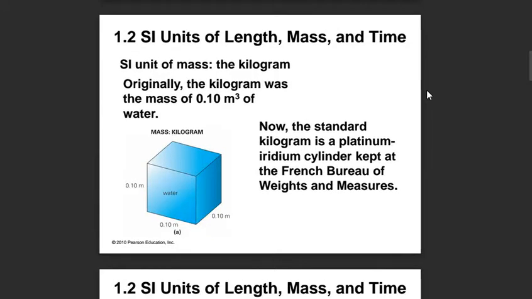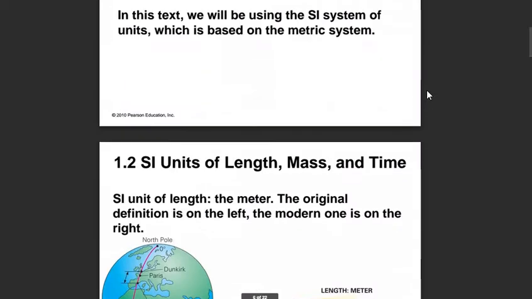It says that 0.1, so keep this in mind, 0.10 meters cubed is equal to 1 kilogram of water. And if we scroll down a little bit more, we'll find that that is also equal to 1 liter. So I think that's the relationship, right?